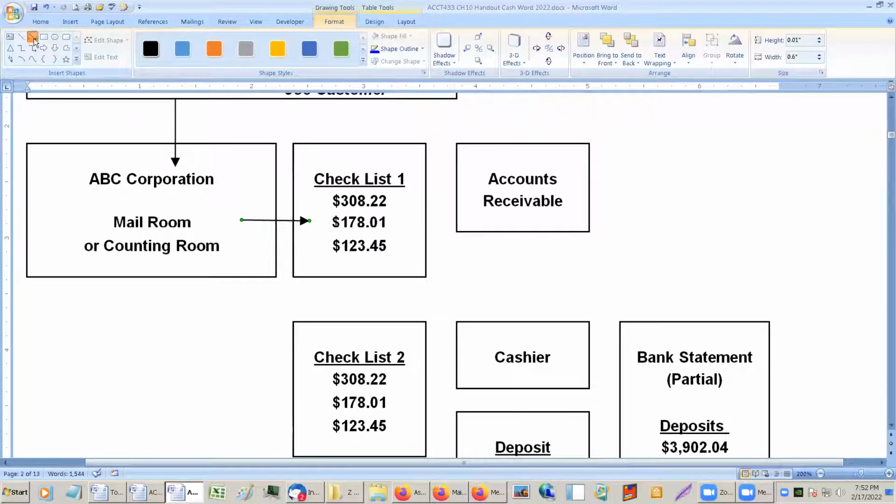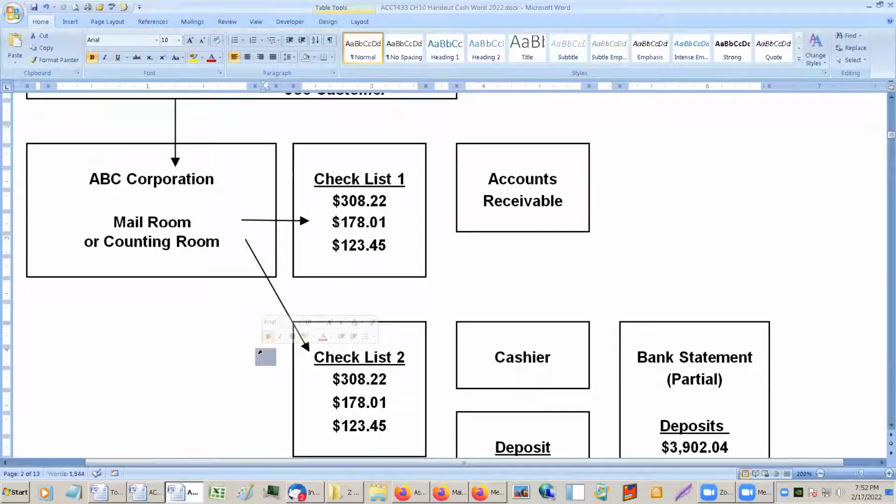They make a list of the checks, and they make 2 lists of them.